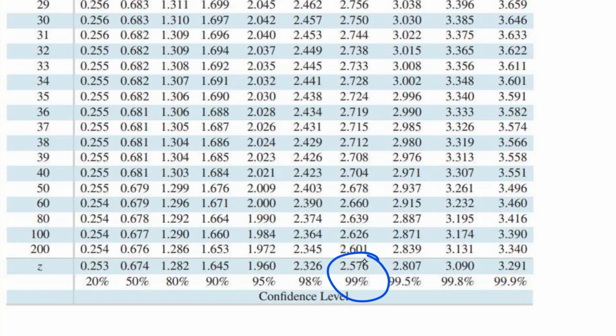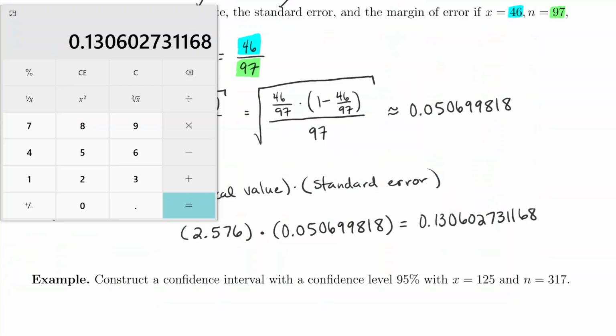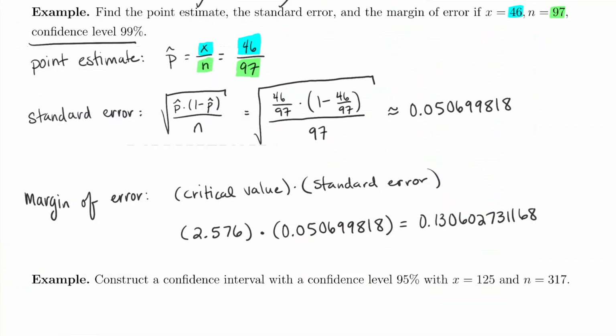So I see the corresponding critical value is 2.576. And we get these values. Now, as all of these are intermediate calculations, I left quite a few decimal places. If this was actually asking me for the confidence interval at the end, then my final answer I could round to 3 decimal places for the population proportion.